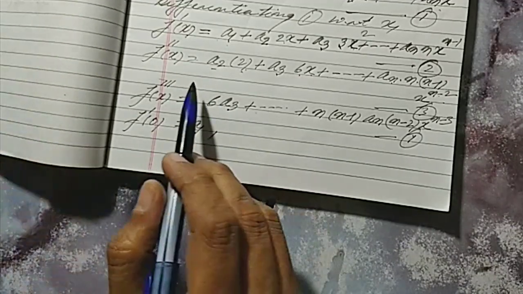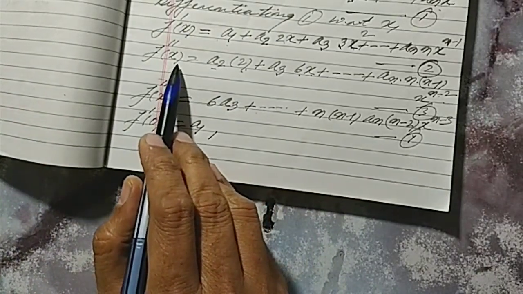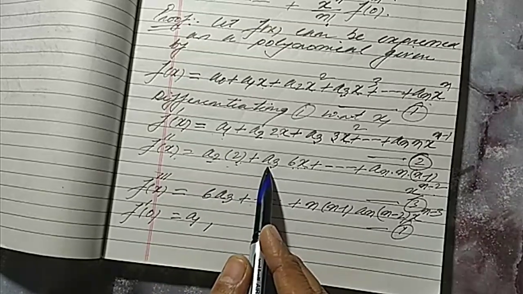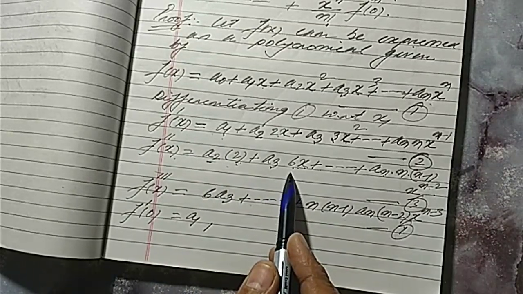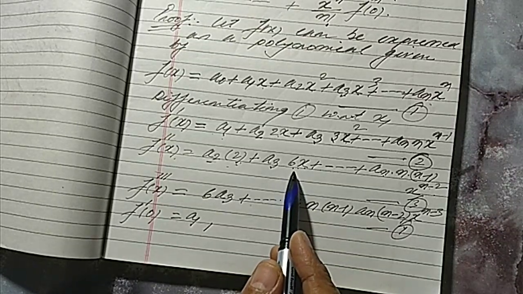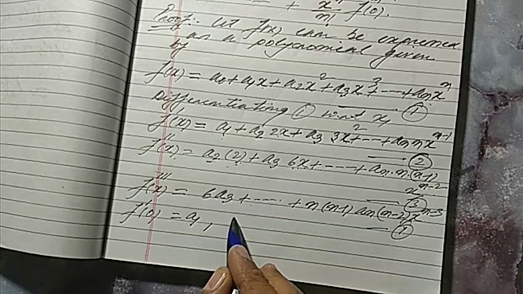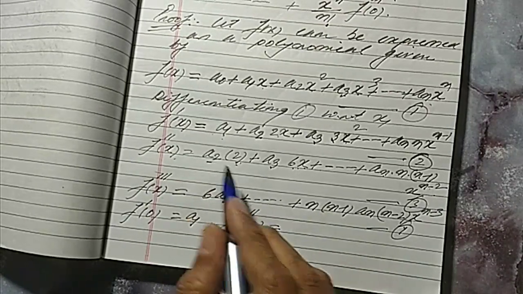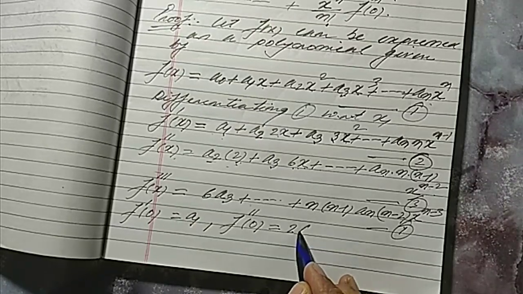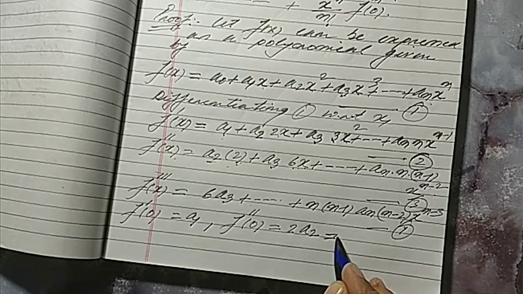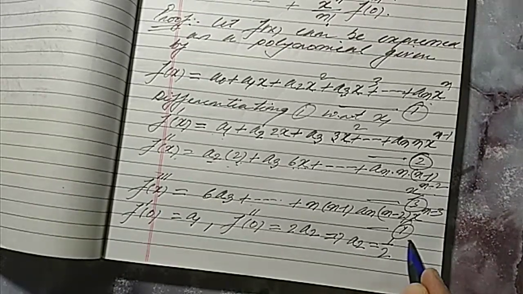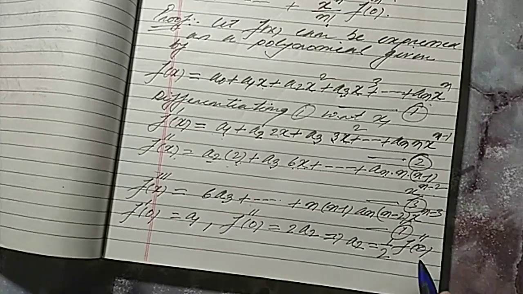Similarly, if we substitute x equal to 0 in equation number 3, since the first term is a constant term and the rest of the terms have different powers of x, substituting x equal to 0 makes every term 0. So we get f''(0) equal to 2a2. It implies that a2 is equal to 1/2 f''(0).